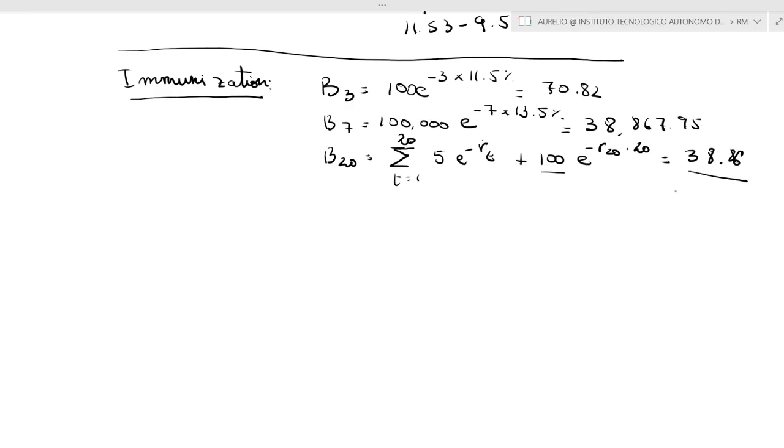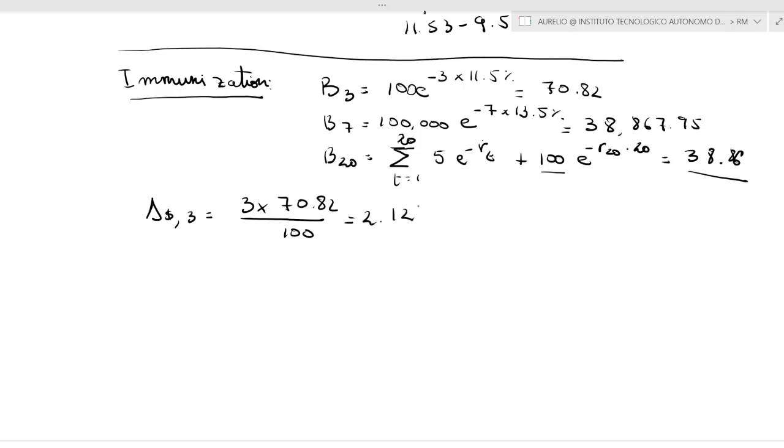Now the next thing I have to do is compute the delta dollar for the 3-year. This is going to be equal to 3 times, since it's a zero, I just have to multiply it by its price divided by 100, and I get a value of 2.1247. The delta dollar of the 7-year, same story, it's going to be time times the present value divided by 100.